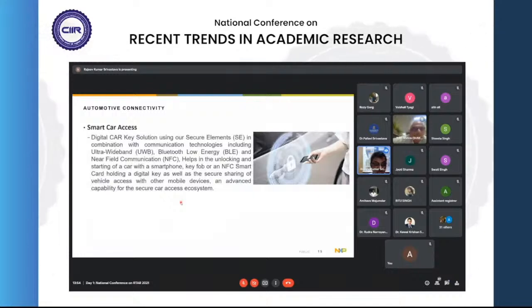Then you have a smart car access. Earlier I remember I used to hear a lot of thefts of cars happening when I was a child, or even when I was a student, because you can make a duplicate key and you can switch on the car and run away. Now with the RFID solution, this has gone.